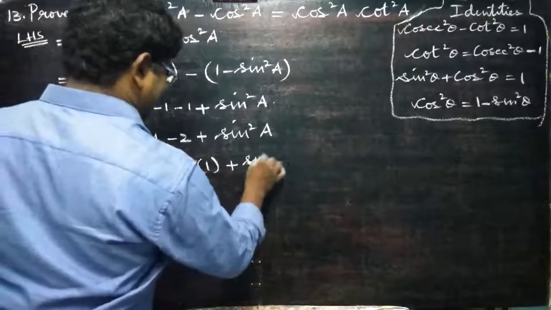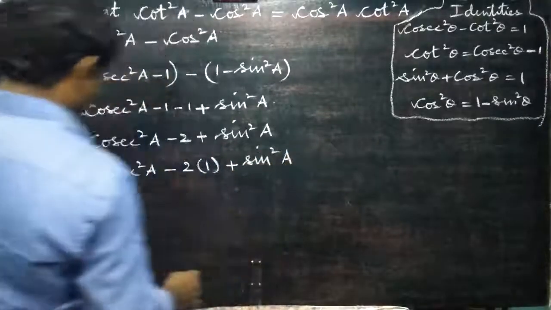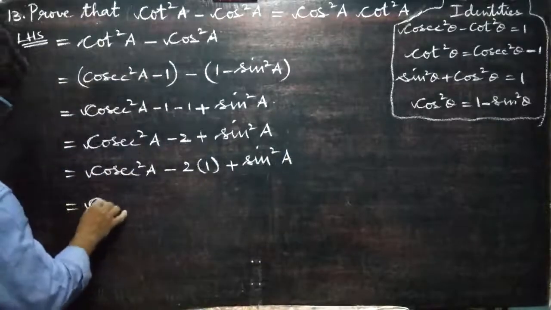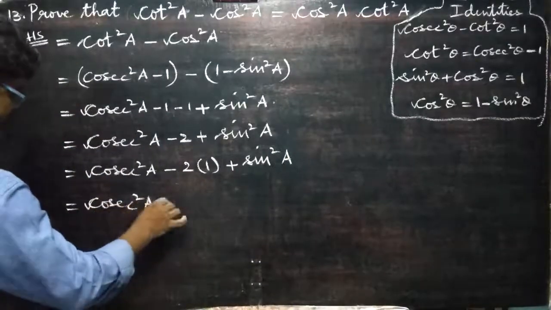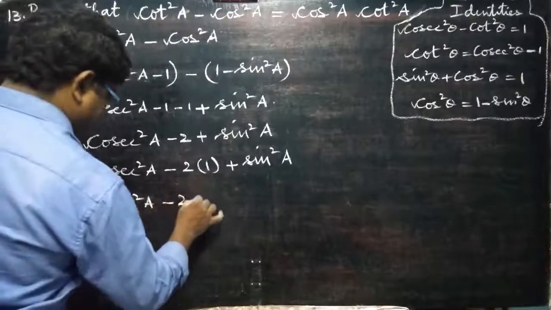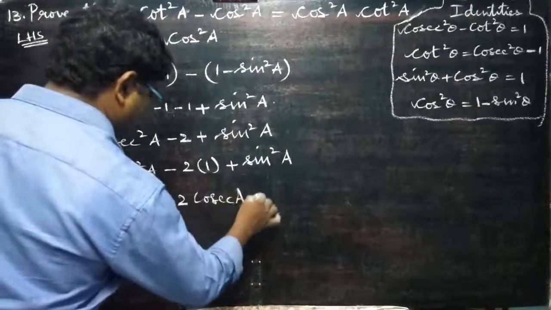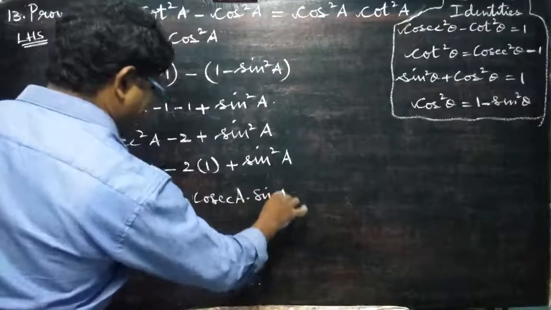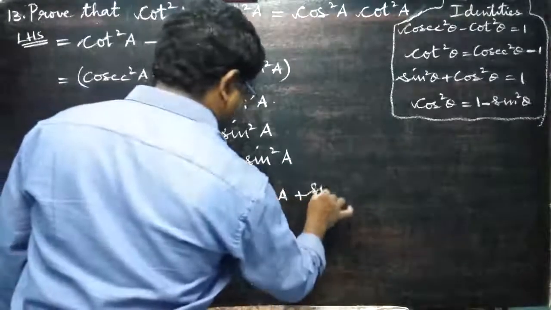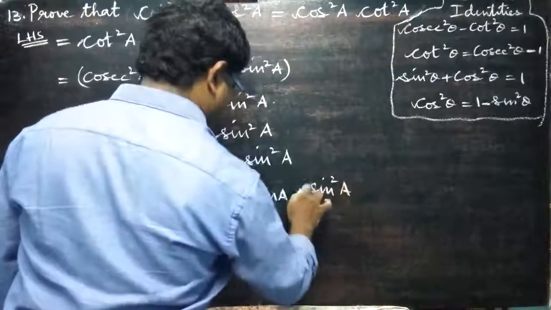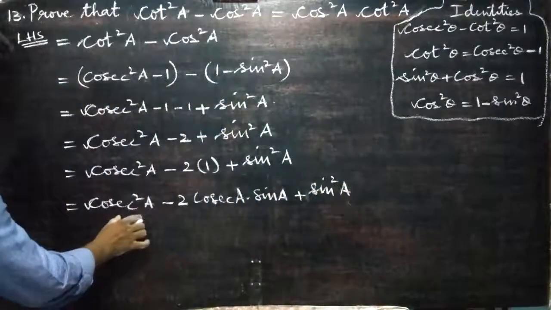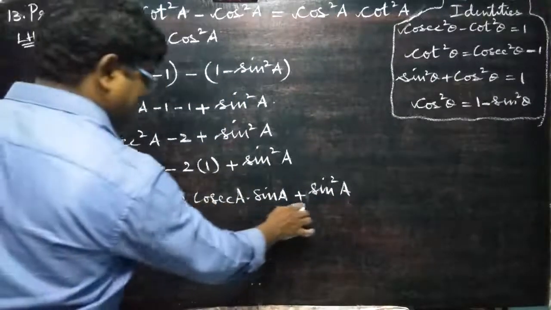Plus sin square A. Now I am writing cosecant square A minus 2 into, in this place what I am writing means cosecant A into sin A, plus sin square A. Now it is in the form of A square minus 2AB plus B square.